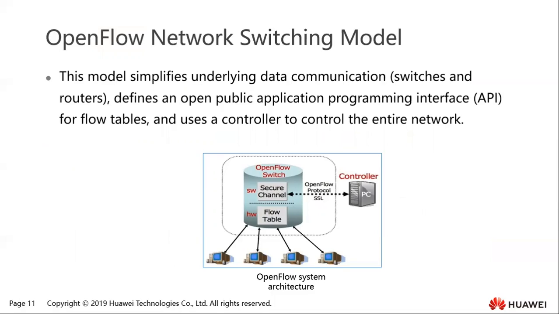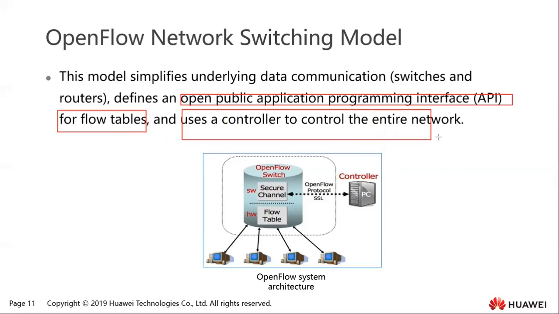So here we are looking at the OpenFlow network switching model. This model simplifies underlying data communication. So switches and routers define an open public application programming interface for flow tables, and use a controller to control the entire network.